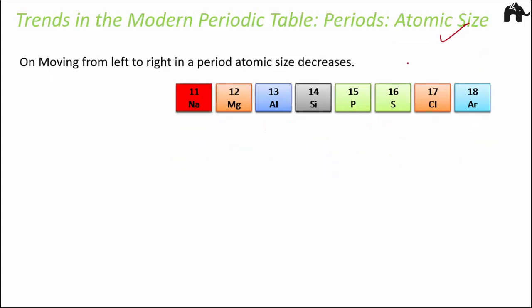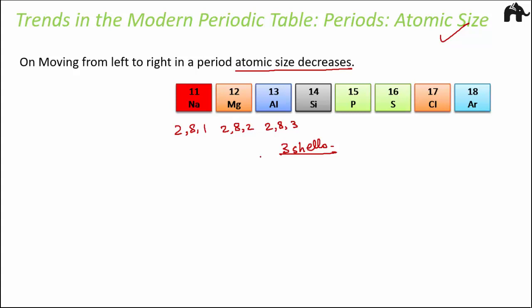Next, atomic size. On moving from left to right, atomic size decreases. Now you may ask why. If we look at the electronic configuration, what do we see? Each of these elements in a period has 3 shells, K, L and M. But then why is the atomic size decreasing?